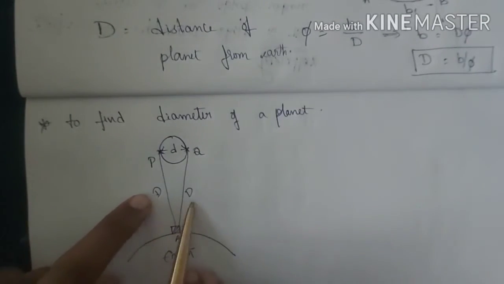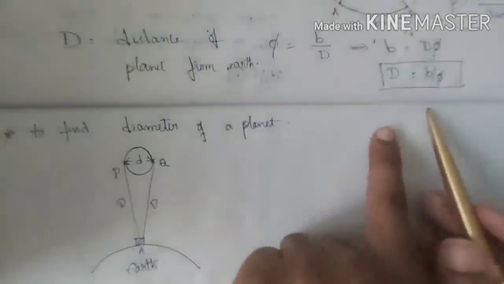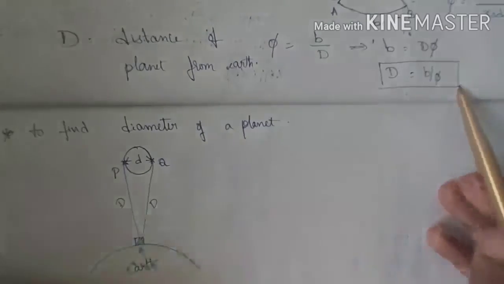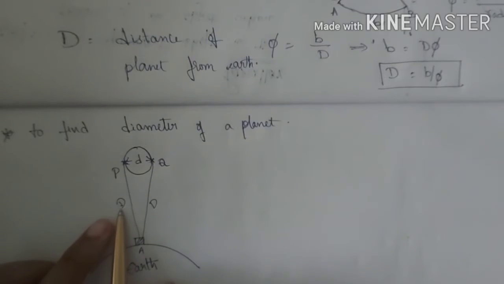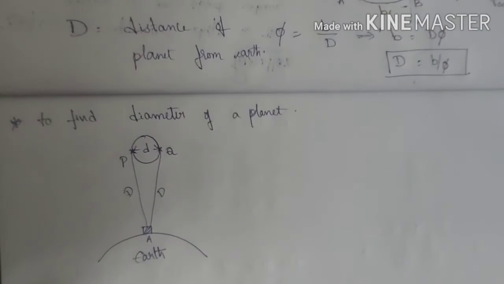The value of D can be calculated using the last result, D equals b upon phi. When you are able to find D, you can calculate the diameter of the planet also.